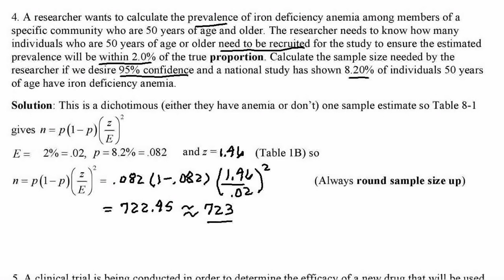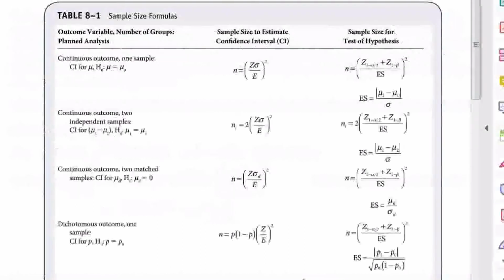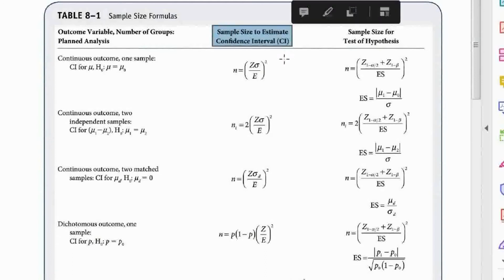And I did want to mention that all of the formulas that we've been using here are formulas for confidence intervals and not formulas for hypothesis tests. So the formula that we used here, the p(1 minus p)(z over E) squared, notice that that's sample size for a confidence interval. For the sample size for a test of hypothesis, it will actually say in the problem that we're testing a hypothesis.